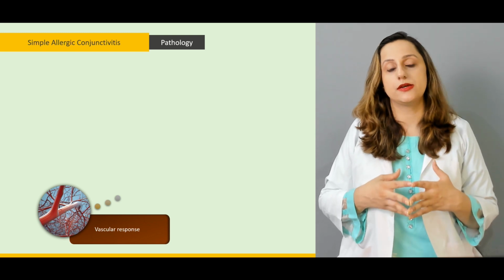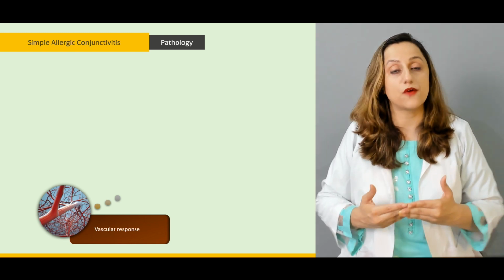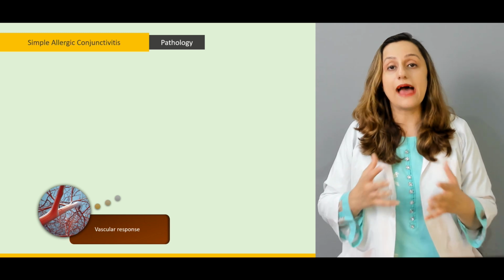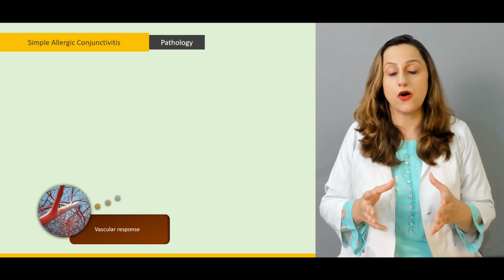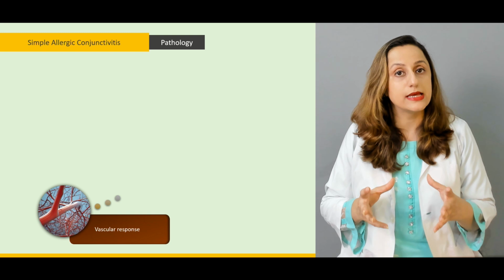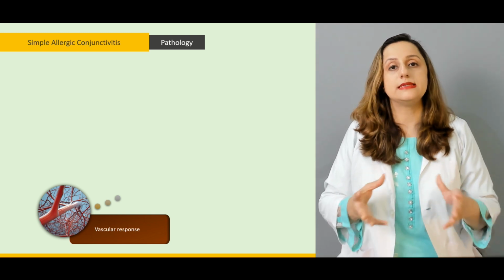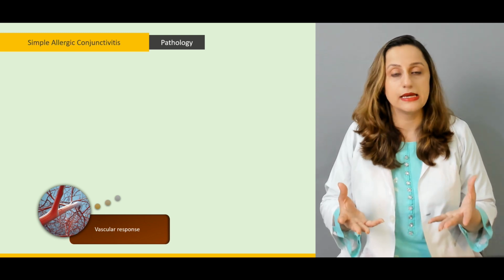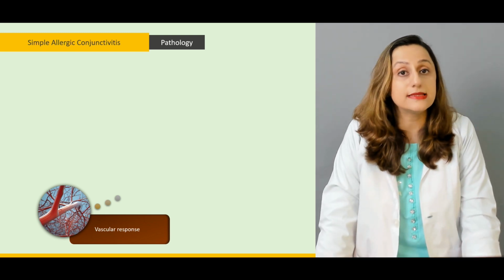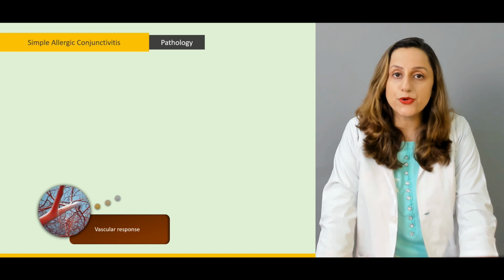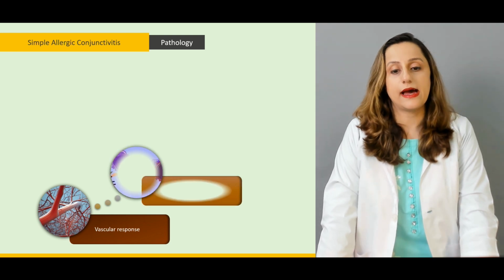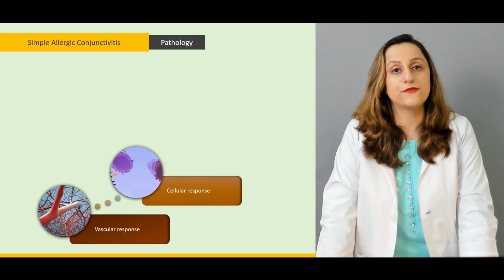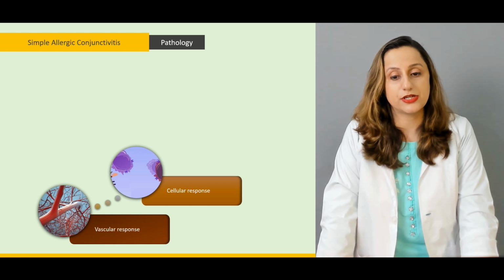The vascular response basically comprises vasodilatation and increased permeability of the arteries and venules, which passes cellular infiltrates to the surroundings, and as a result, it ends up in a local cellular reaction and causes an inflammatory condition in that person.